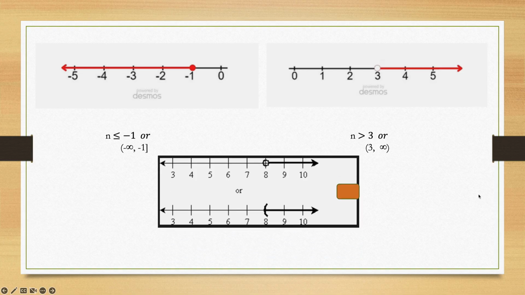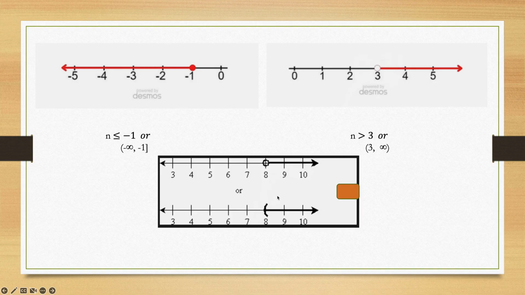Now, this is something that we didn't exactly do, but I think you can figure it out without us doing it, okay? So what I'm looking for here is these are both the same answer. Notice the top one is how we would traditionally graph it, kind of like the one on the right here that we did just above it.